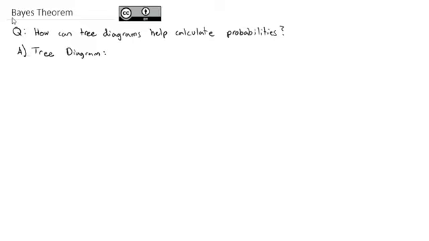which basically is a diagram that has a branch for every decision. So for example, let's say I have a bag with 3 red marbles and 5 blue marbles.